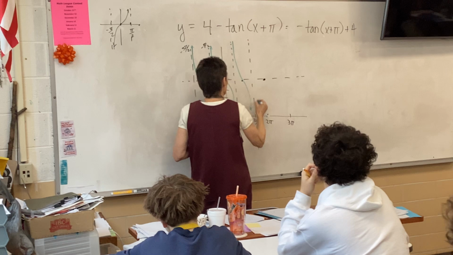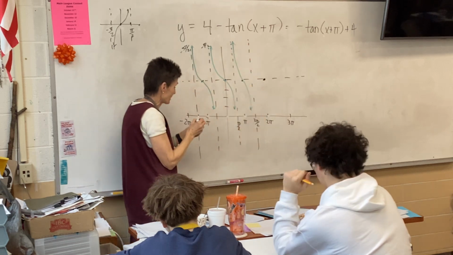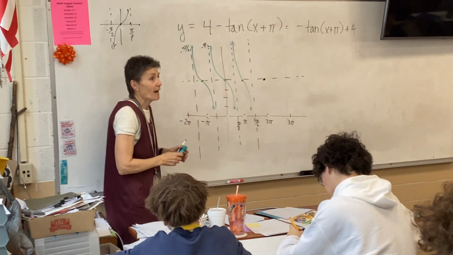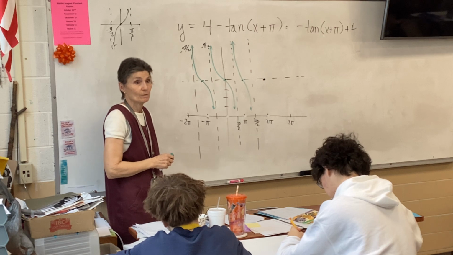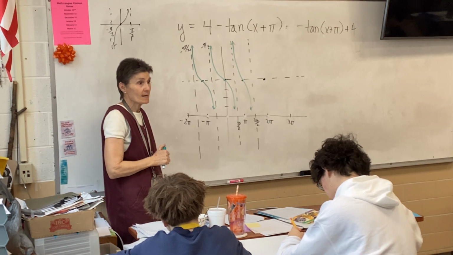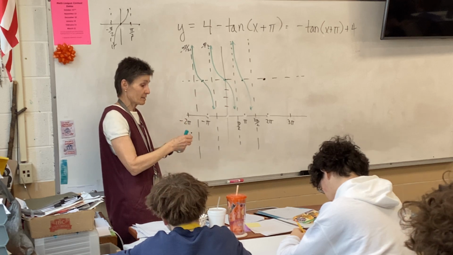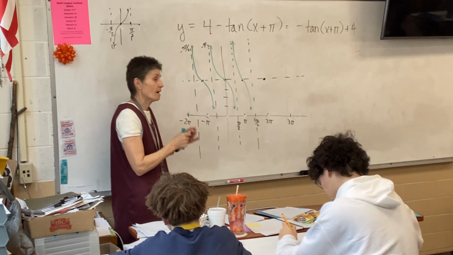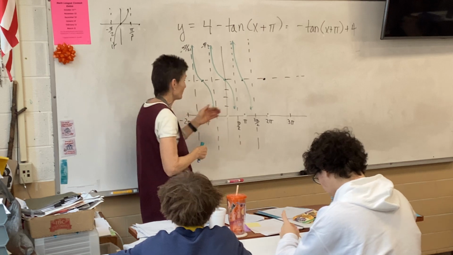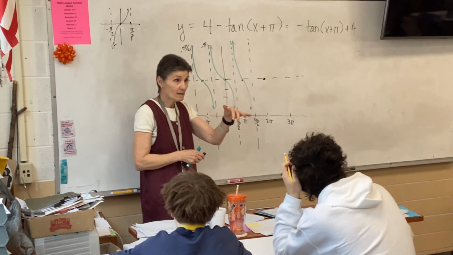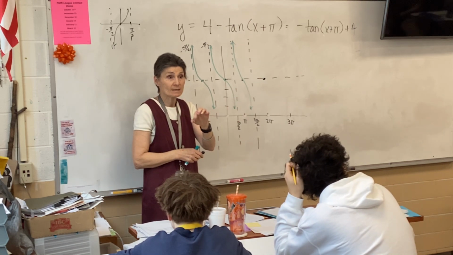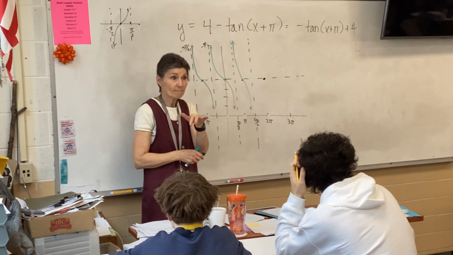Certainly 3 periods is plenty, so I'm going to just stop with those 3. But how does that sit with you? Does that make sense? So if you were asked for all that stuff, like what's the period? Well, we already said the period is pi. So the frequency is 1 over pi.